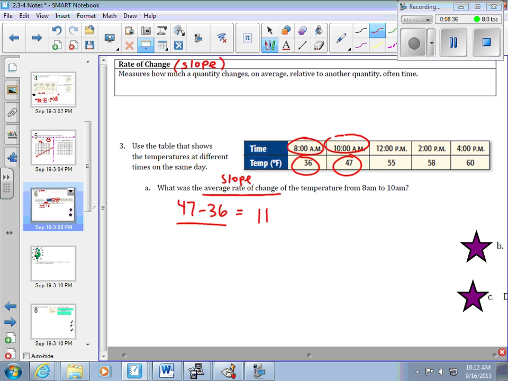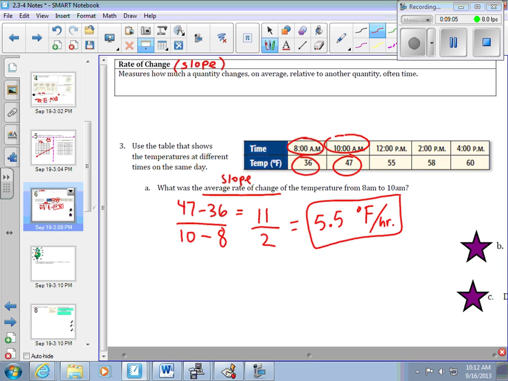The time associated with 47 degrees was 10 a.m. The time associated with 36 degrees was 8 a.m. If we subtract those, it changed 11 degrees over 2 hours, meaning the average rate of change or slope was 5.5 degrees Fahrenheit per hour. So that would be our average rate of change or slope during that time period.